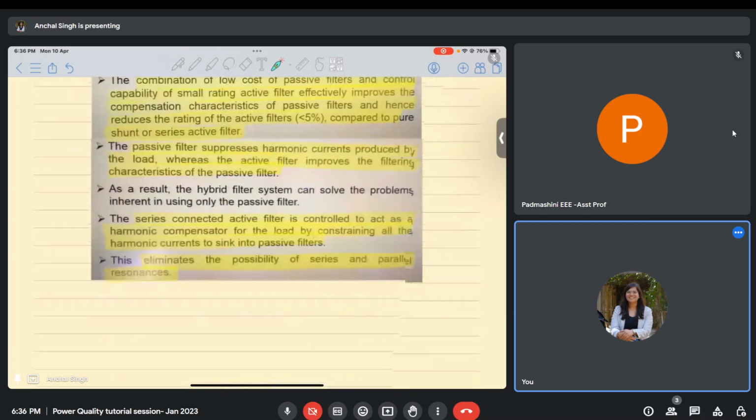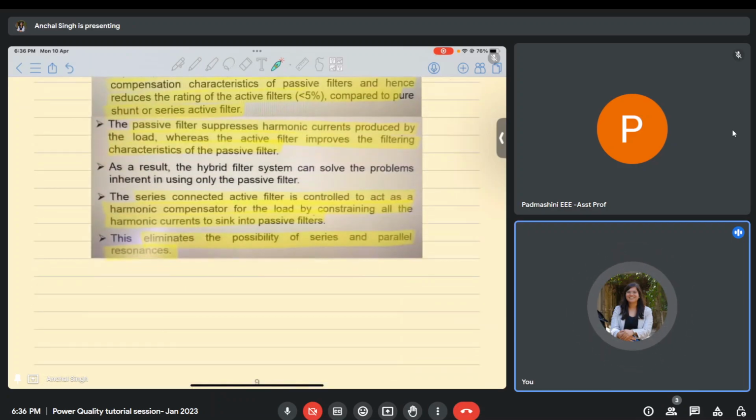The series connected active filter is controlled to act as a harmonic compensator for the load by constraining all the harmonic currents to sink into the passive filters. And due to the presence of the series active filter, we are able to eliminate the possibility of series and parallel resonance in the shunt passive compensators.